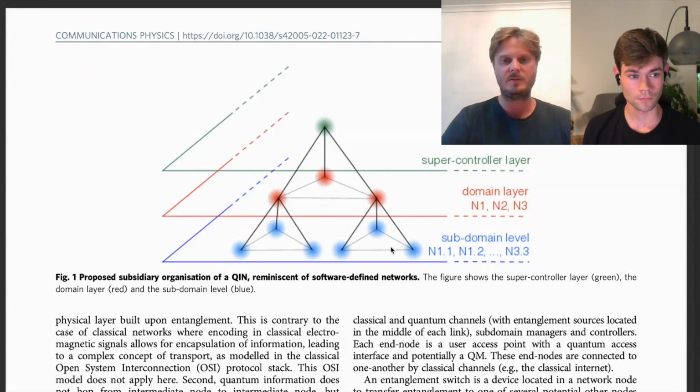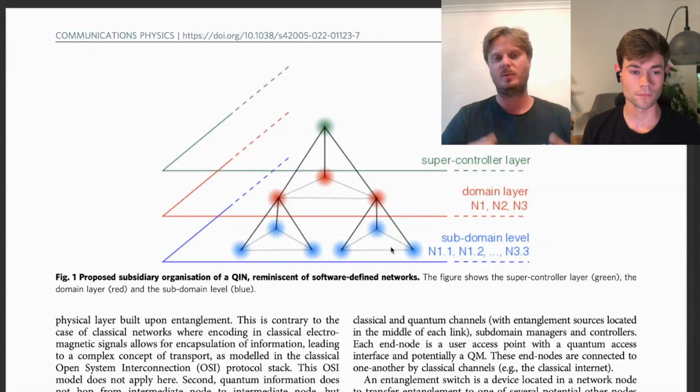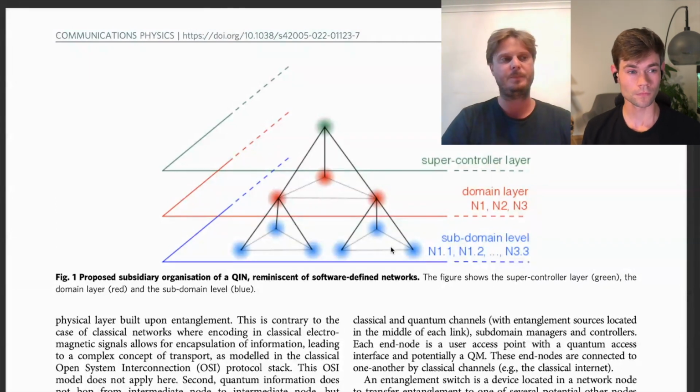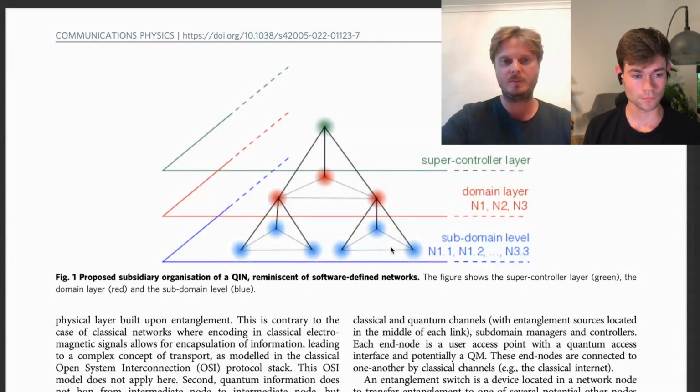If you have a space segment, you have some nodes that are moving in the network, so you definitely need someone who will decide which path to take. This organization has the advantage of having an authority who will decide which node will be used to ensure that you have a transfer of quantum information.